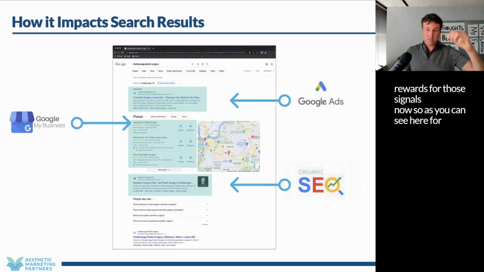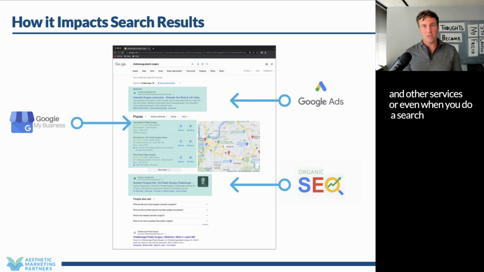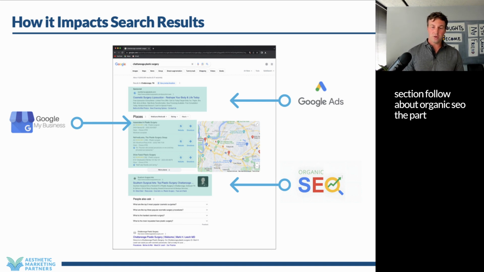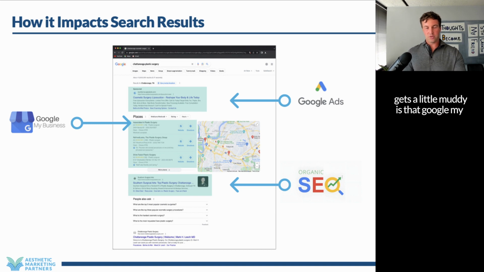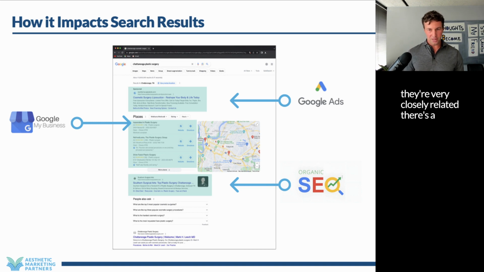For those who aren't exactly sure what I'm talking about, although I'm sure you've all seen this when you do a search, Google Ads come first, followed by Google My Business or Google Map results, which is what we're focused on in this section, followed by organic SEO. The part that's kind of hard to understand, where the water gets a little muddy, is that Google My Business, aka the Map Results section, and organic SEO are very closely related.